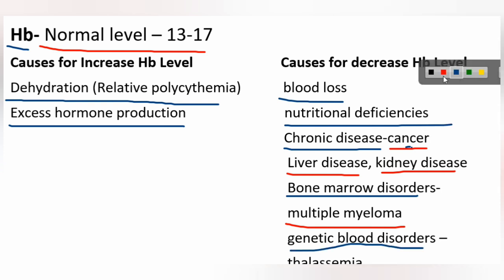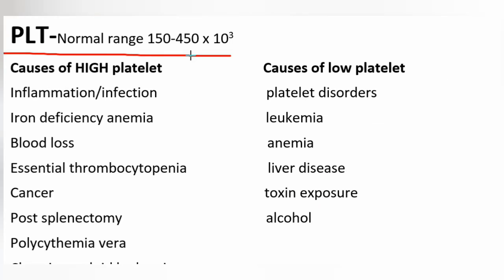Platelet normal range is 150,000 to 450,000 cells per microliter.